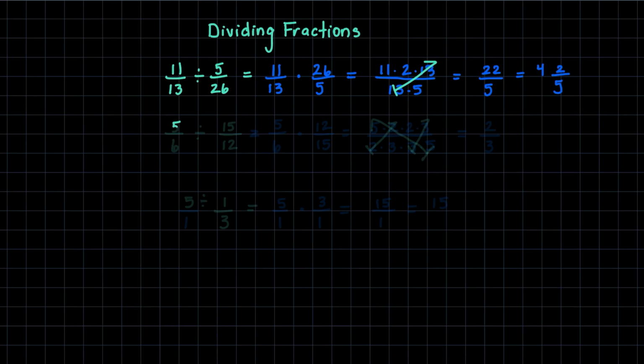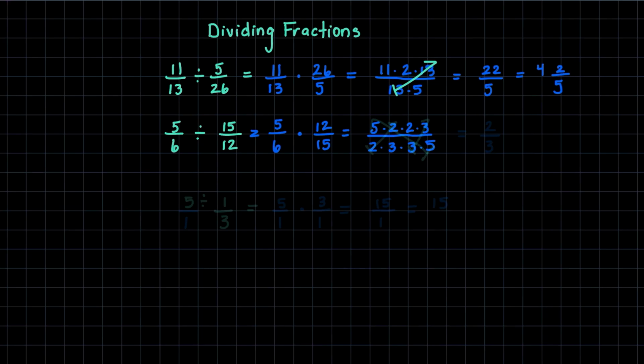Okay, 5 over 6 divided by 15 over 12. Same routine, keep 5 over 6, change to multiplication, flip to 12 over 15. So then we have 5 times 2 times 2 times 3, all over 2 times 3 times 3 times 5.